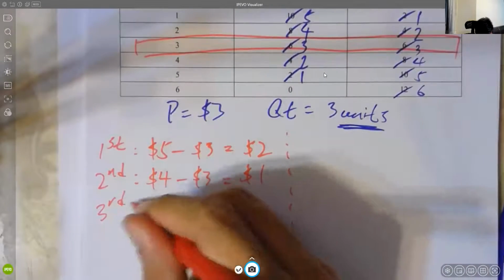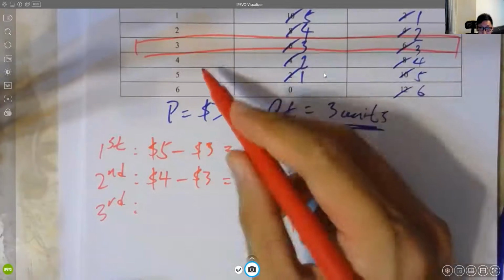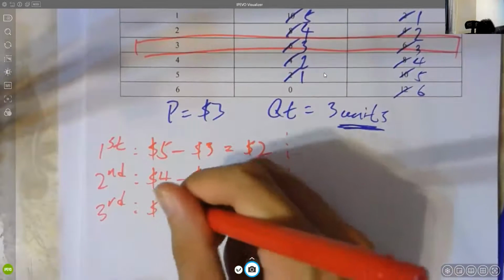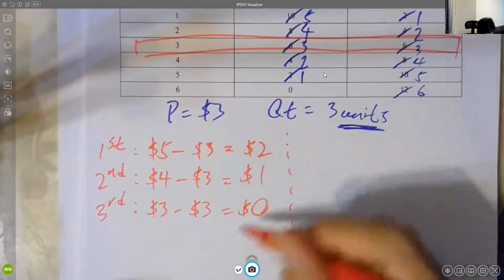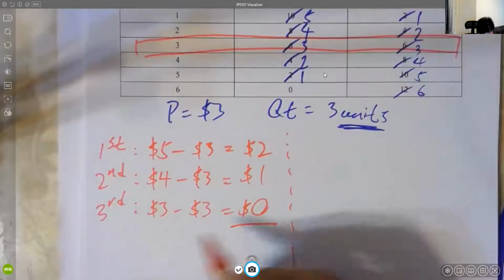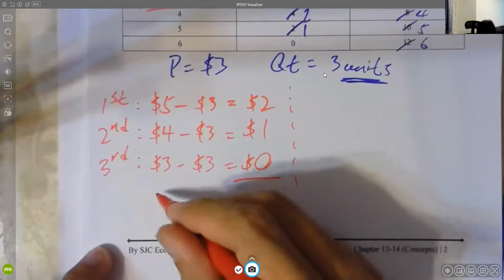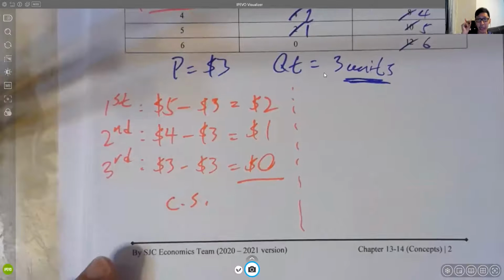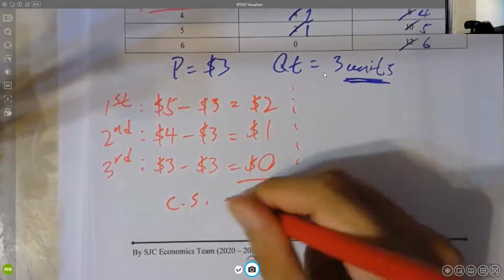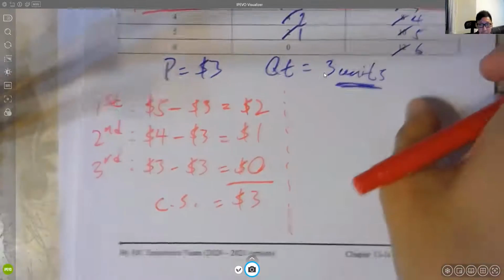And of course, the third unit here: 3 minus 3 gives us a 0. Therefore, we will know that our total consumer surplus, from the first unit to the quantity transacted, should be $3 in total.